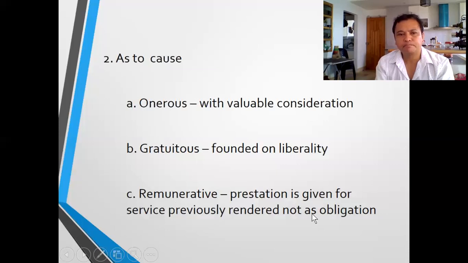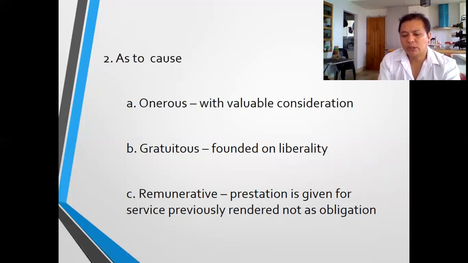Okay. And there are contracts also classified in accordance with cause. Cause is the third requisite of a contract, like a consideration, like payment. Onerous contracts have valuable consideration.